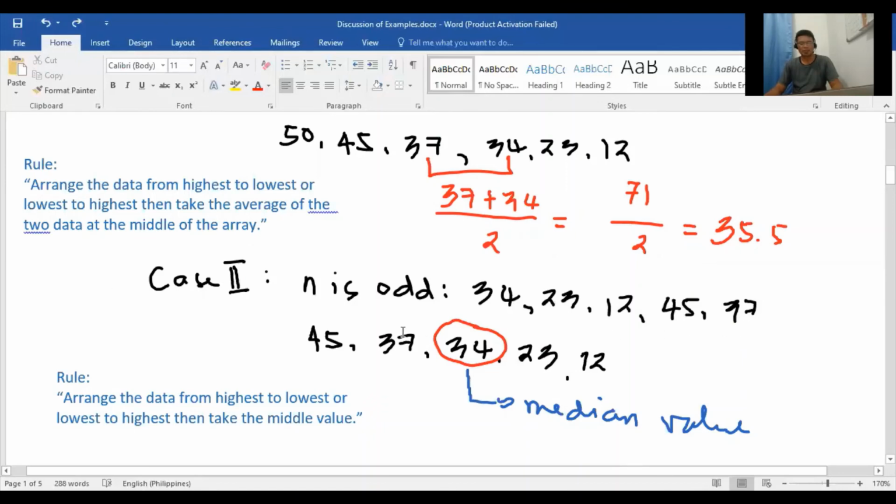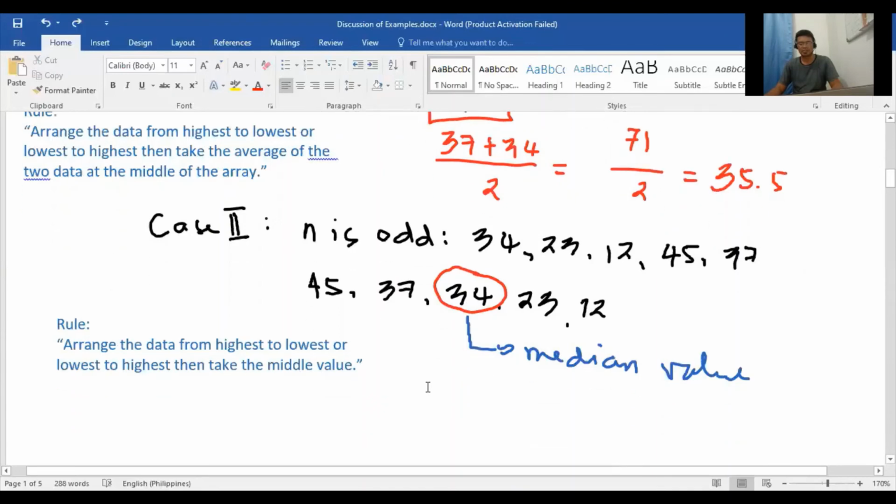So again, we arrange them from highest to lowest so that we can easily determine the values at the center of the distribution. So we have 45, 37, 34, 23, and 12. The center is 34. The middle value is 34. So we call that the median value.